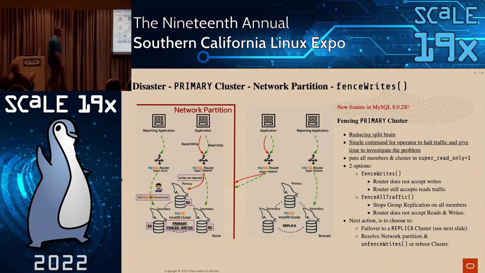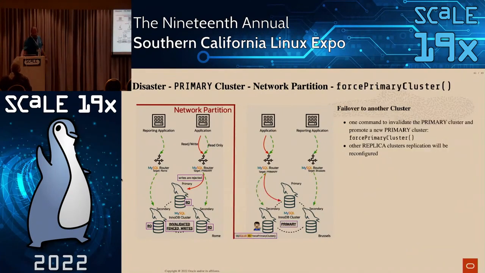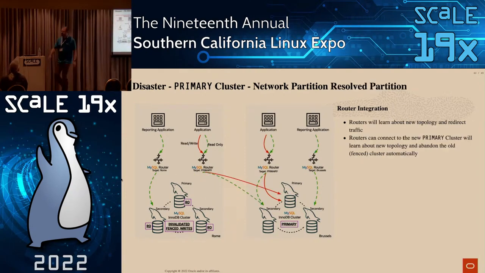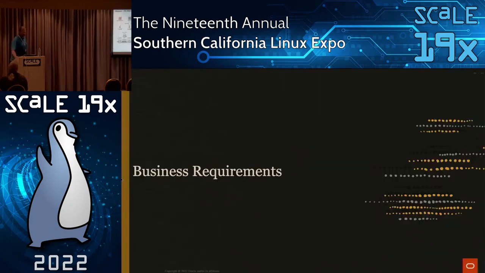Did the force set primary cluster? Yes, it will know it as soon as it can connect to that cluster again. Yes. So here it's read-write, and that one will be read-write. But if we switch, yes, it knows. Correct. And I have 1 minute left.